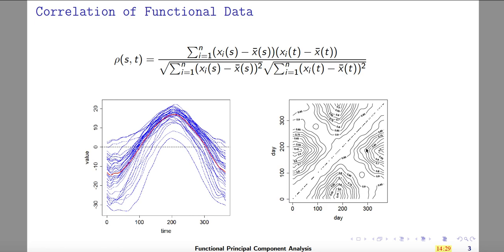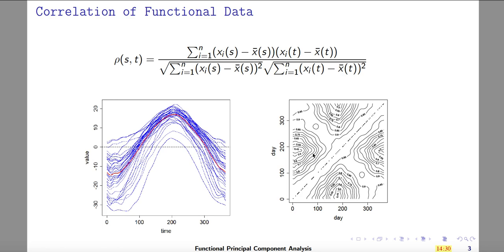So along the orthogonal direction to the diagonal, the correlation is also very big. This is not surprising. The lowest correlation is when we compare the temperature in the summer with the winter, but it's still around 0.45. So this is correlation for functional data.